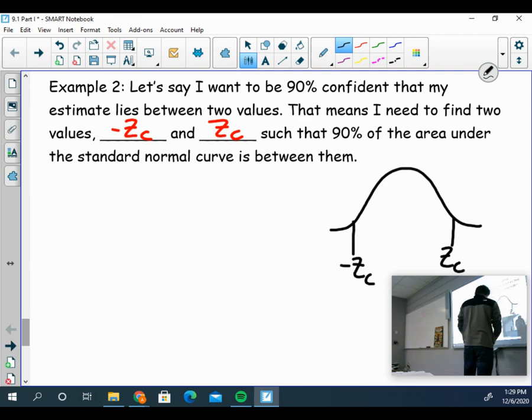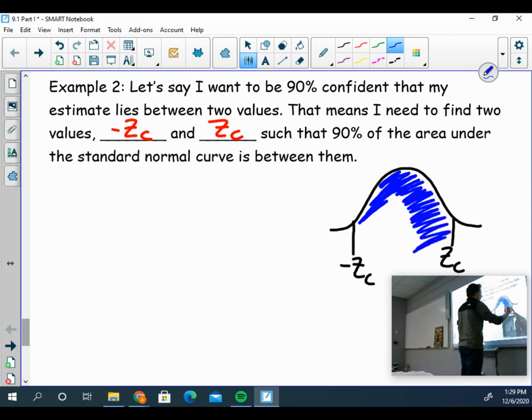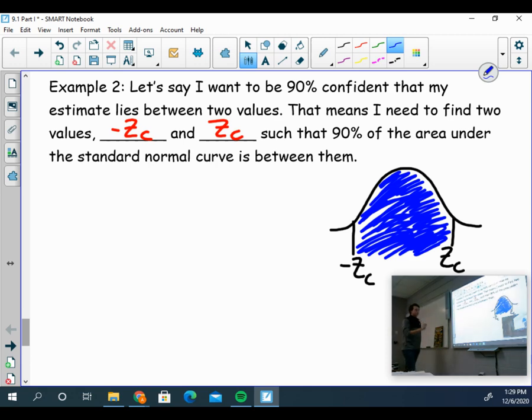So if I find the two values that have 90% of the data between them, then I can be 90% confident that a random variable z on that standard normal curve will be between those two values.